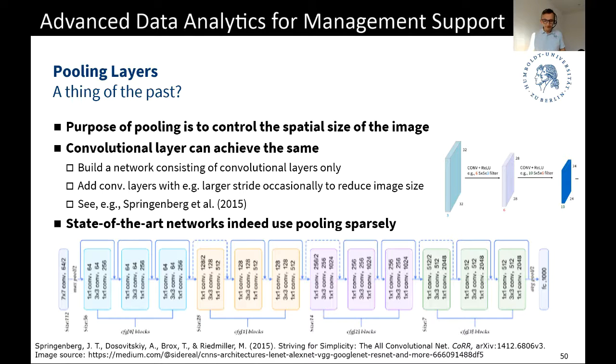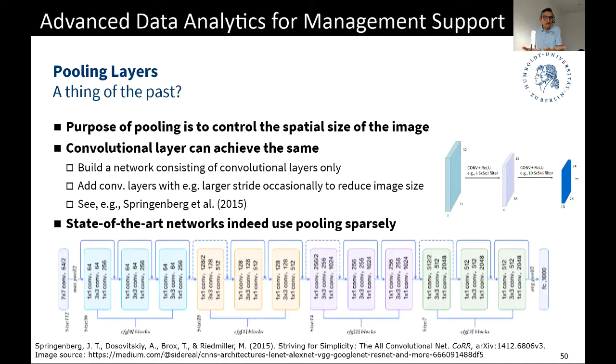Fair enough. But if the point is to reduce the resolution of your image, as we have seen before, you can achieve the same thing just by deciding on the amount of padding that you add. It's a bit bizarre if you think about it. We started with convolutional layers, and then we learned that they would reduce the dimensionality of the image, and then we introduced pooling to overcome that reduction of the resolution of the image, to not shrink it too harshly and too quickly.